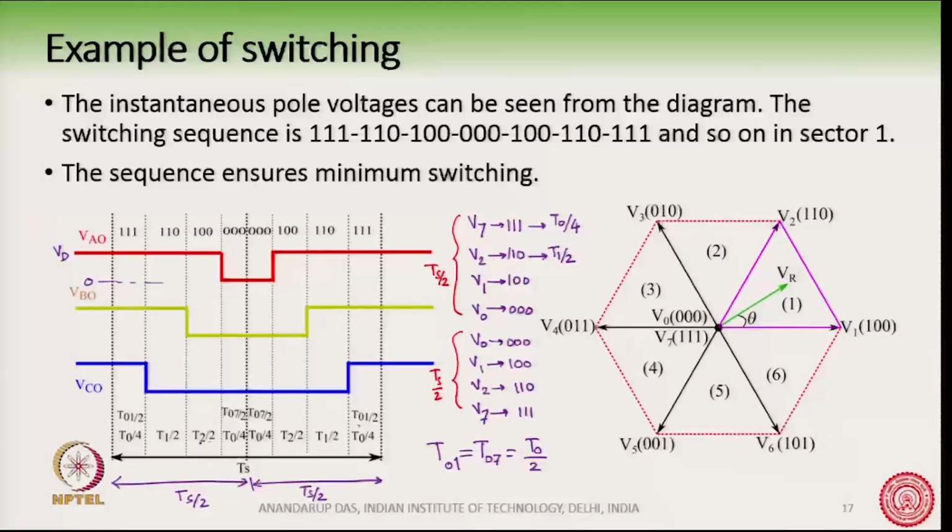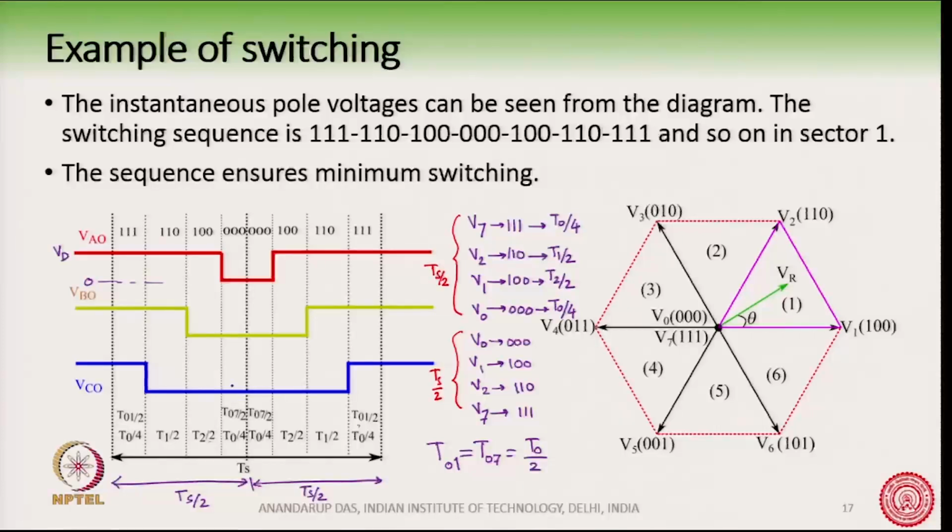Then in the third one, which is for a duration of T2 by 2, we have 1 0 0, which means VAO is 1, VBO is 0, VCO is 0, and in the last one we have 0 0 0, which is again for a duration of T07 divided by 2, which is again T0 by 4 timing duration. We have 0 0 0, which means VAO is 0, VBO is 0, VCO is 0.